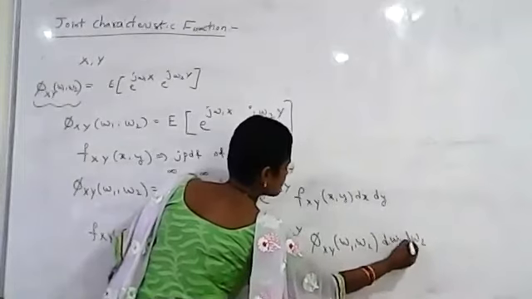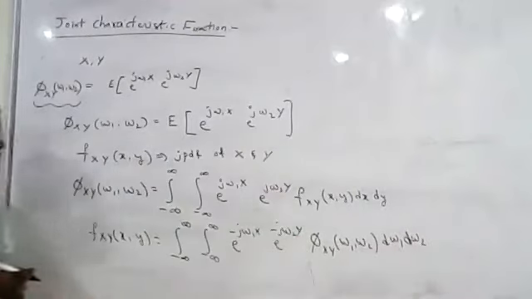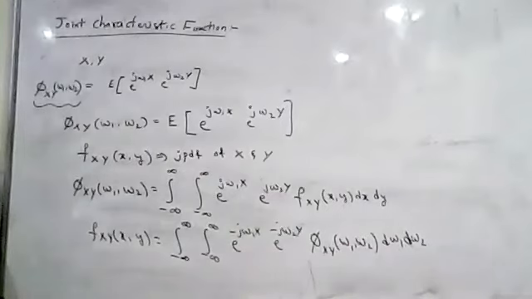So this is the equation for f xy of x comma y, the inverse Fourier transform of the joint characteristic function.